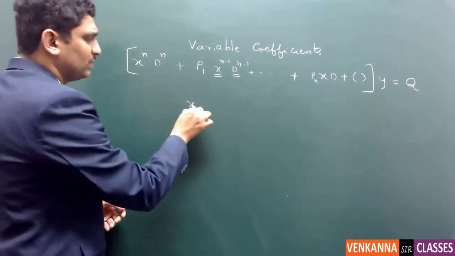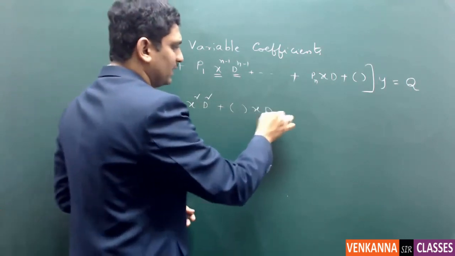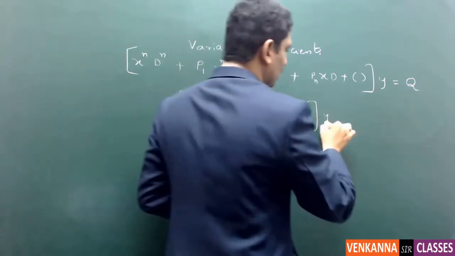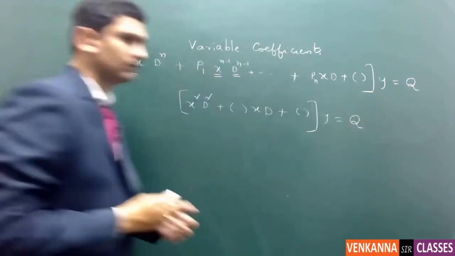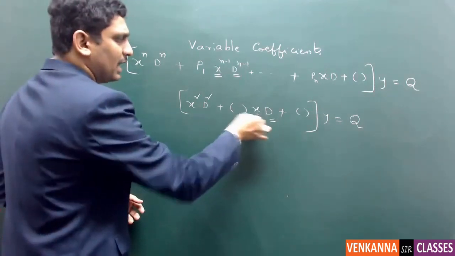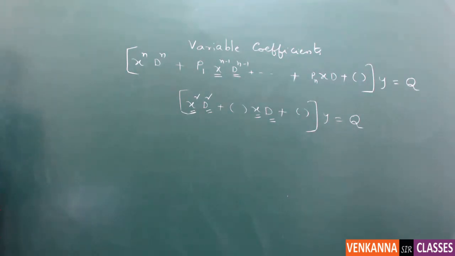So you can simply say: x square d square plus some constant into xd plus some constant times y is equal to q. So it is a second order differential equation which is a Cauchy-Euler equation. See, the power of d and x must coincide. Fine. Are you getting the idea behind it? So please take a note of that.